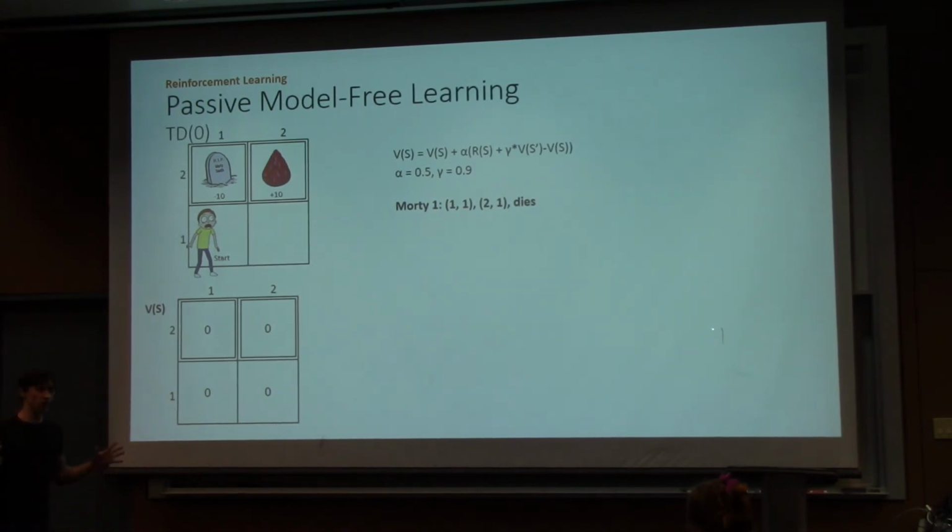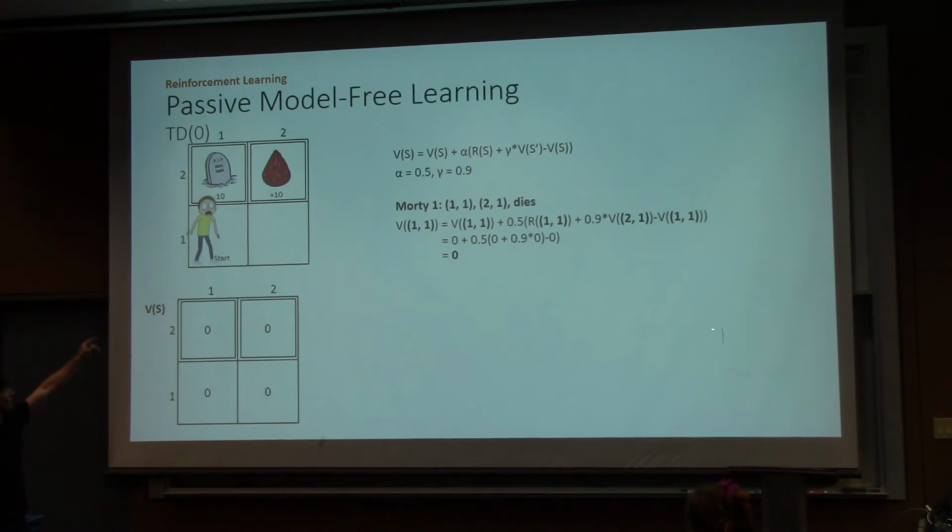But we aren't actually waiting for this whole thing to happen. We're going to learn as Morty 1 goes through the world. So he's going to go from there to there. And we start out with V11, and this is just plugging this number into this equation. And we'll calculate that value as 0.